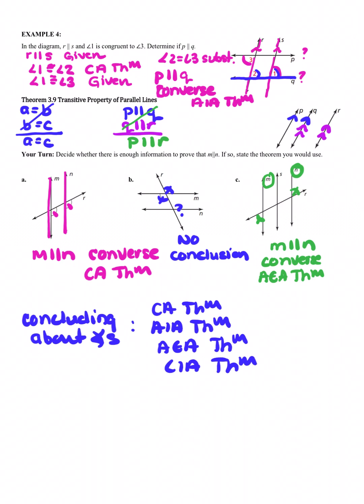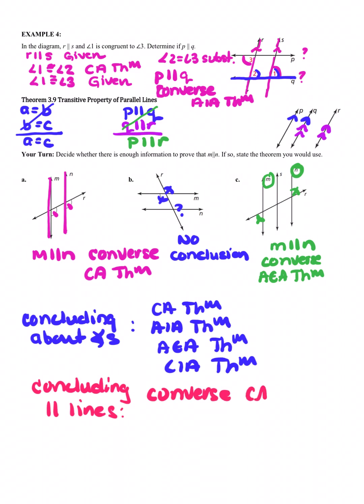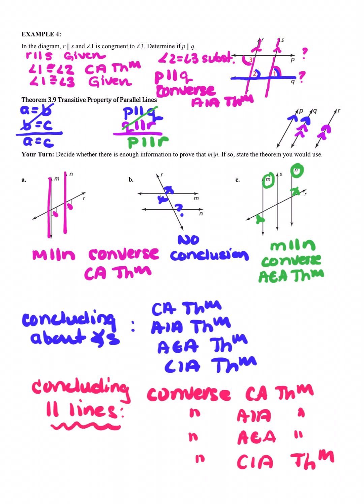And if you're concluding about parallel lines, then you're going to use the converse of each of those above: the converse of the corresponding angle theorem, the converse of the AIA theorem, the converse of the AEA theorem, and the converse of the CIA theorem when your conclusion is about parallel lines.